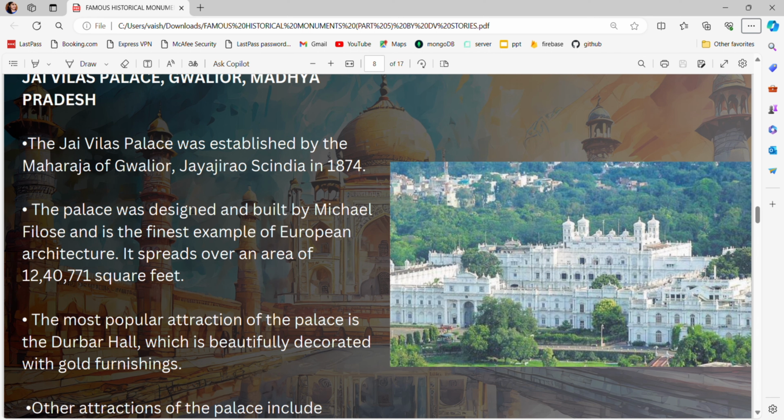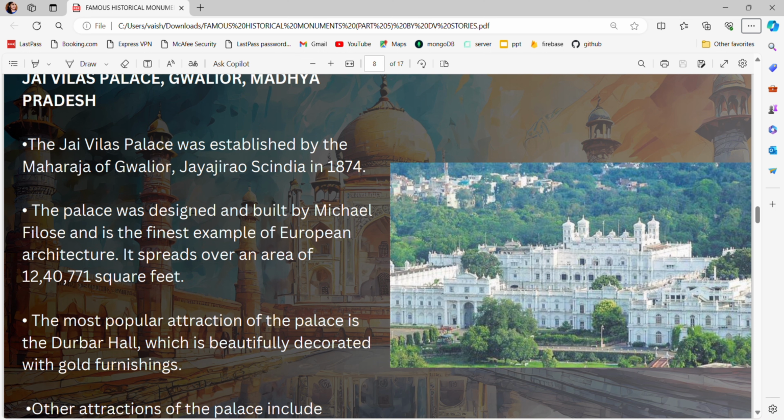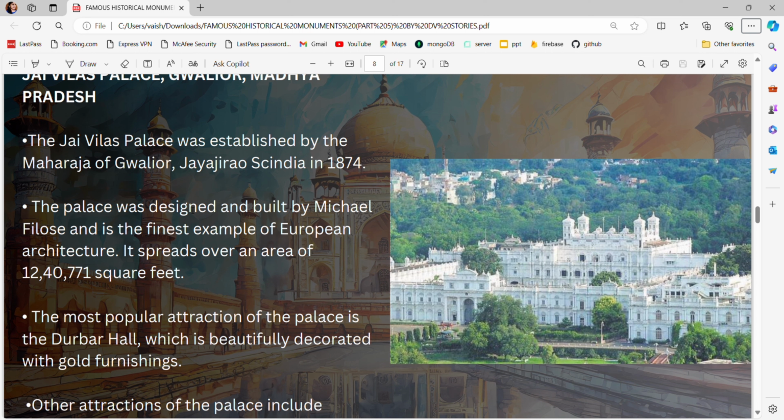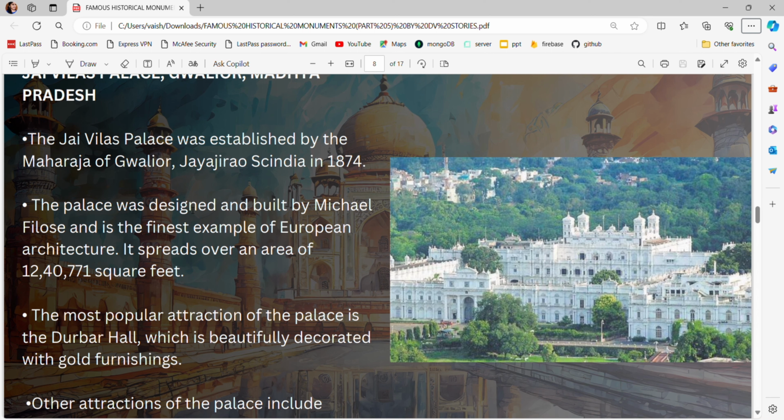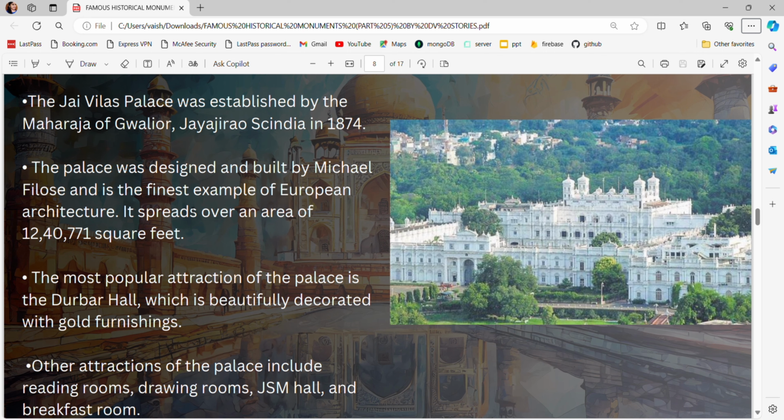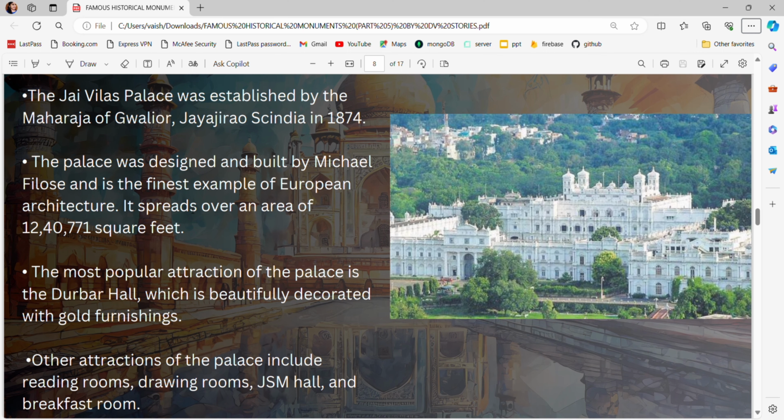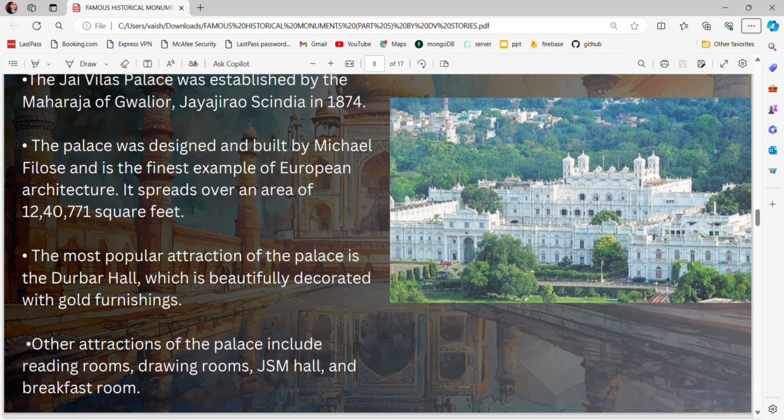It spreads over an area of 12,40,771 square feet, and the most popular attraction of the palace is the Darbar Hall, which is beautifully decorated with gold furnishings. Other attractions of the palace include reading rooms, drawing rooms, Jesam Mahal, and the breakfast room.